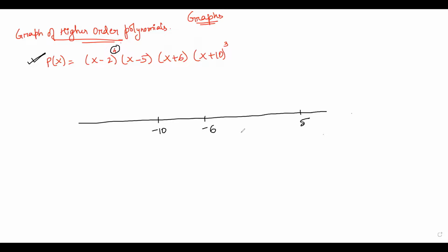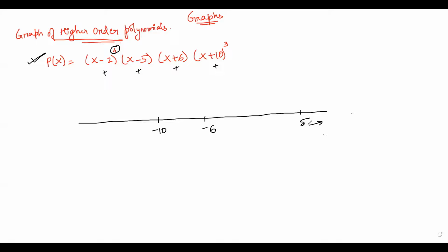Now we need to check on this range of values of x, that is for x less than -10, for x between -10 to -6, for x between -6 to +5, and for x greater than 5, whether this polynomial p(x) is attaining positive or negative value. So if we consider any random value which is greater than 5, say x equal to 10, in that case, this is positive, this is positive, this is positive, and this is positive.